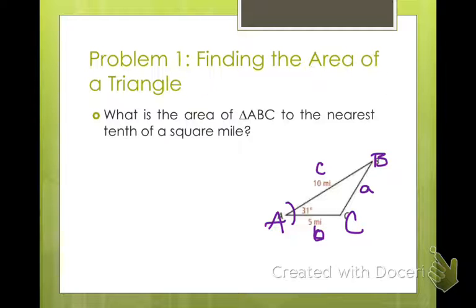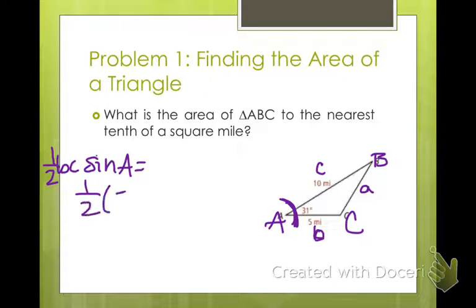So we use from our angle, 1/2 BC times the sine of A. So our area is 1/2 BC times the sine of A. Side B is 5 miles, so we have 1/2 of 5 times C, our 10 miles, and then multiply that times the sine of 31 degrees.